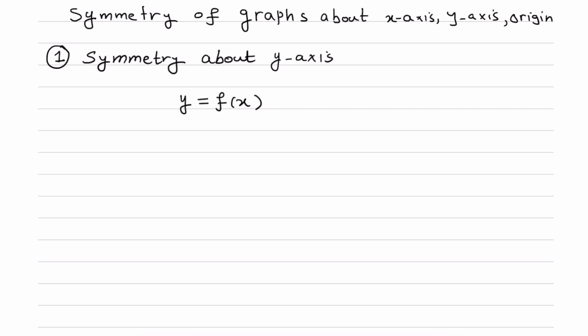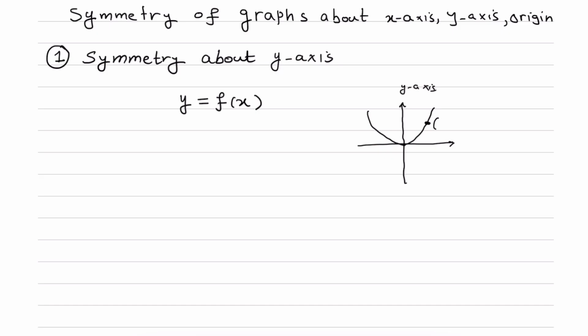Now, let's have a look first at a graph. If we look closely, we will see that this graph seems to be symmetric about y-axis. Now let's consider a point here.